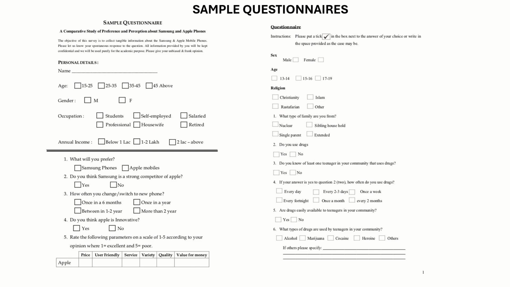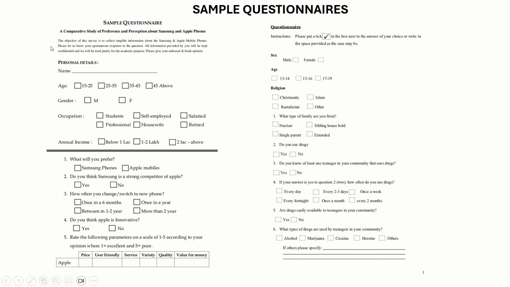I have some sample questionnaires here, which you can see on my screen, with different questions that pertain to what you have in mind. You need to understand that each question is quite specific and peculiar to whatever you want to use it for.